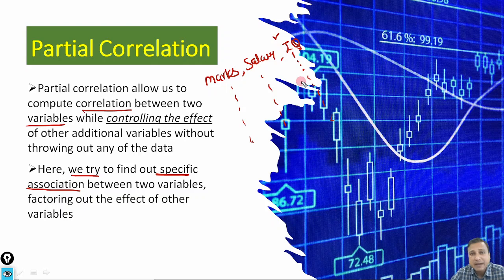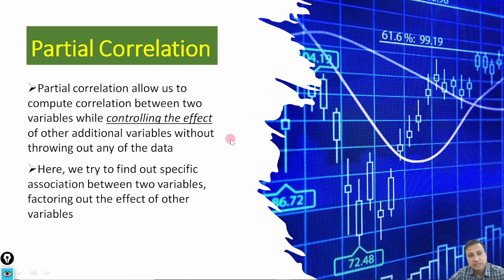In the case of bivariate correlation, we only consider the values associated with these two variables, but in partial correlation, we are going to consider this third variable IQ, which has some influence on these two variables, marks and salary. We are going to control the values associated with IQ, and we'll try to find out the more specific correlation value between marks and salary. How does it work? Let's see with one example.